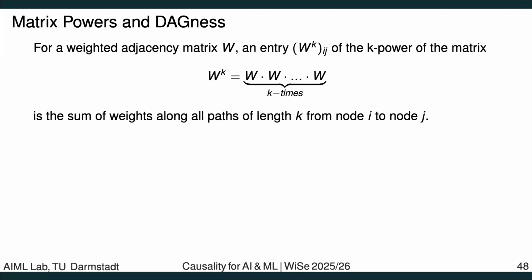Basically, if we look at W to the power of 1, we get all paths of length 1, which are just the direct edges, and in these entries of our adjacency matrix we see the weight. If we multiply our matrix with itself, we get in all of the entries the sum of all the paths of length 2, like all the weights that go into it, and so on.